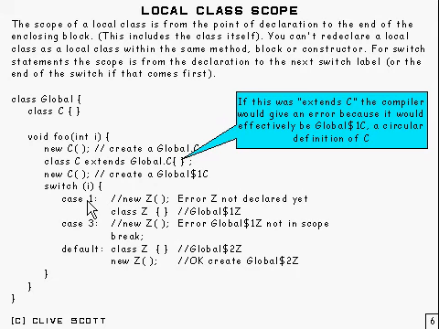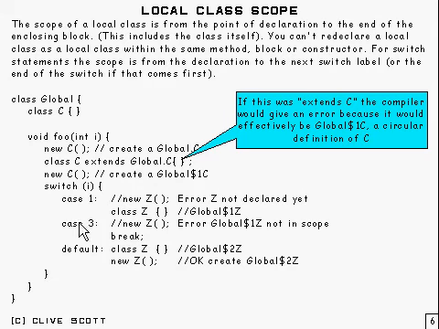Right, here's this switch statement with class Z defined there, and it of course is going to be global$1Z. And if up here we had new Z, that would be an error because Z had not been declared yet. And down here, if we do new Z, again we get an error because global$1Z is not in scope.